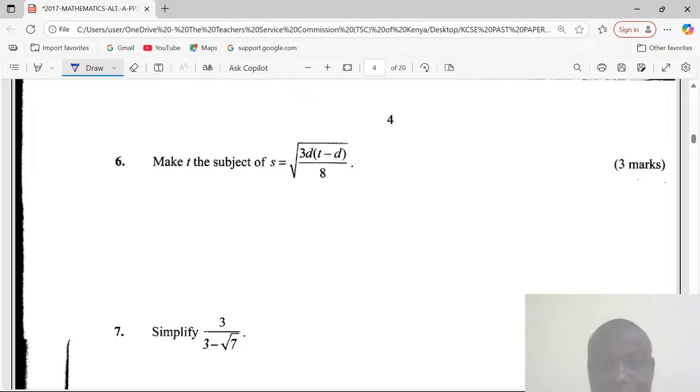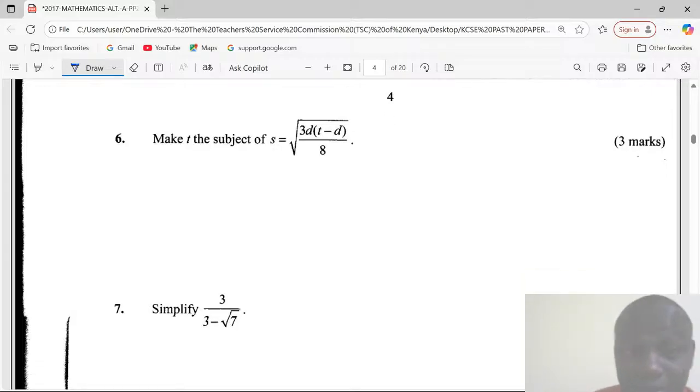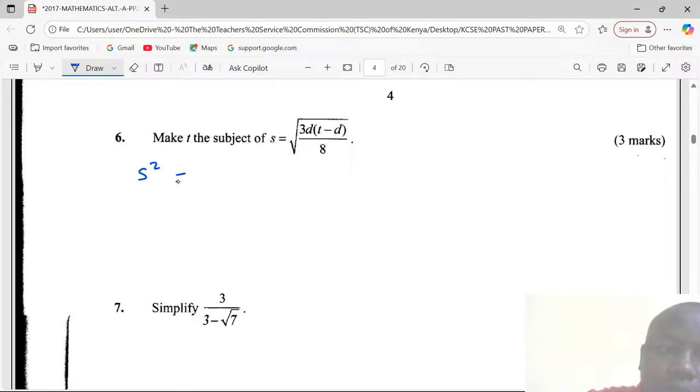When there is a root, we raise both sides of the equation to the power equivalent to the root. In this case, we have a square root, so we square both sides. So S squared, and when we square the right-hand side, the root symbol disappears.